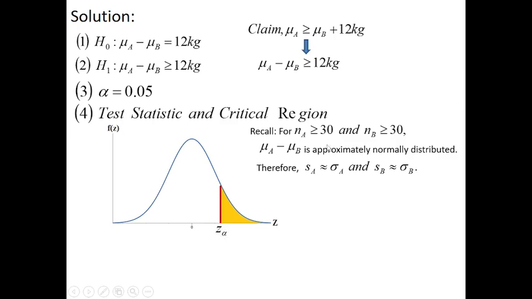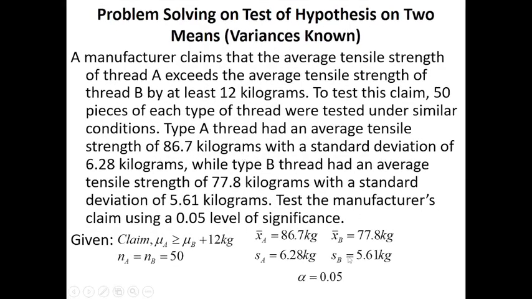But before that, this is a test on two means: mu sub A minus mu sub B greater than or equal to 12 kilograms, the difference of two means.